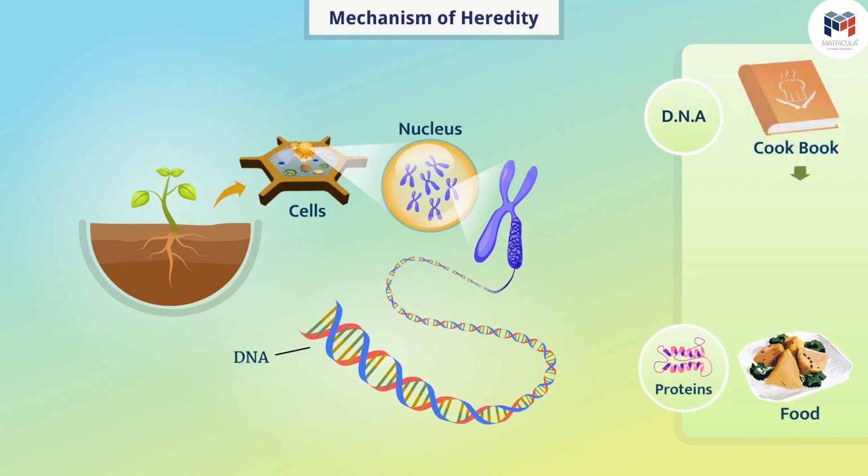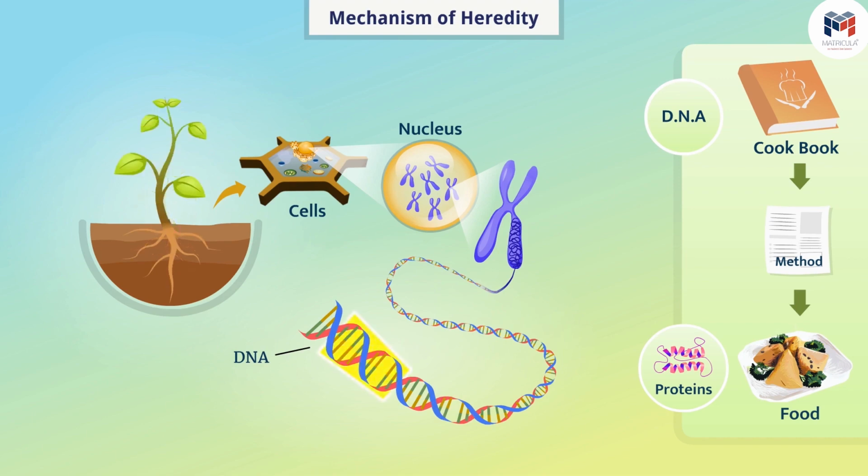Just as the information about making some dish is stored at some place in the cookbook, the DNA contains specific segments for synthesizing specific proteins. We call each segment a gene. The information contained in the gene is called hereditary code.